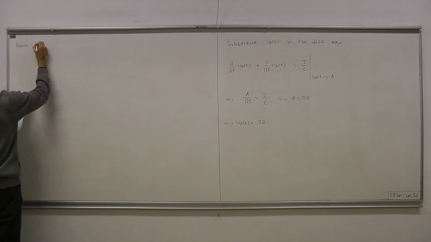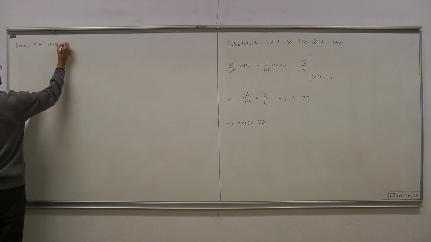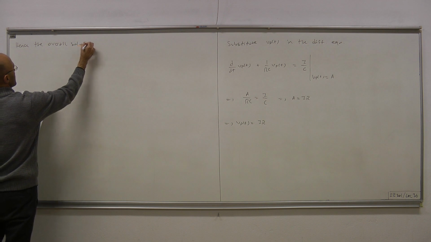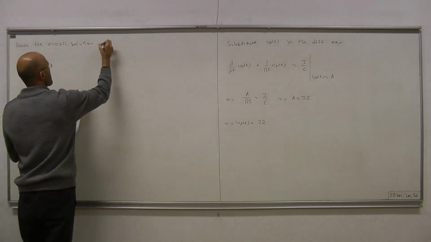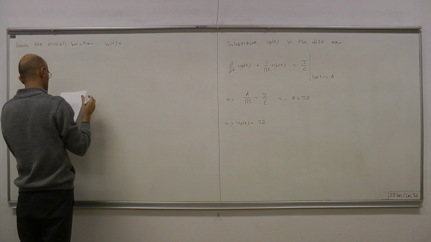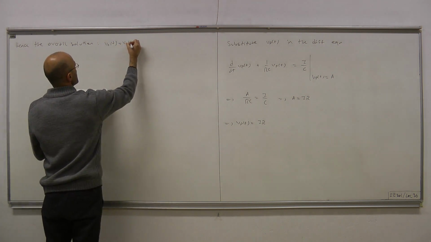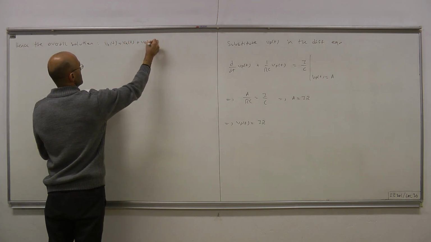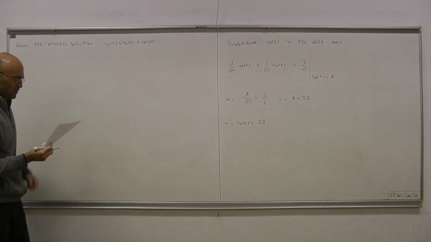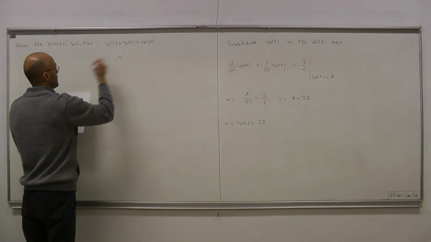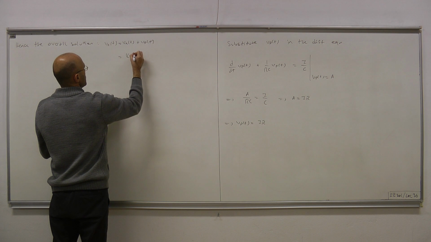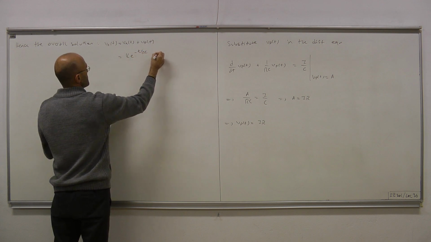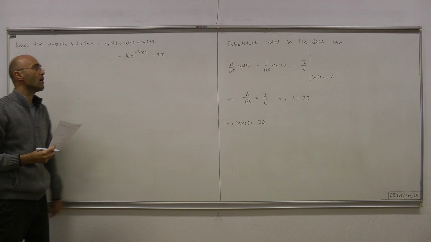Hence, the overall solution is Vc(t) equals VH(t) plus VP(t), homogeneous solution plus particular solution. And that is K e to the minus t over RC plus IR.